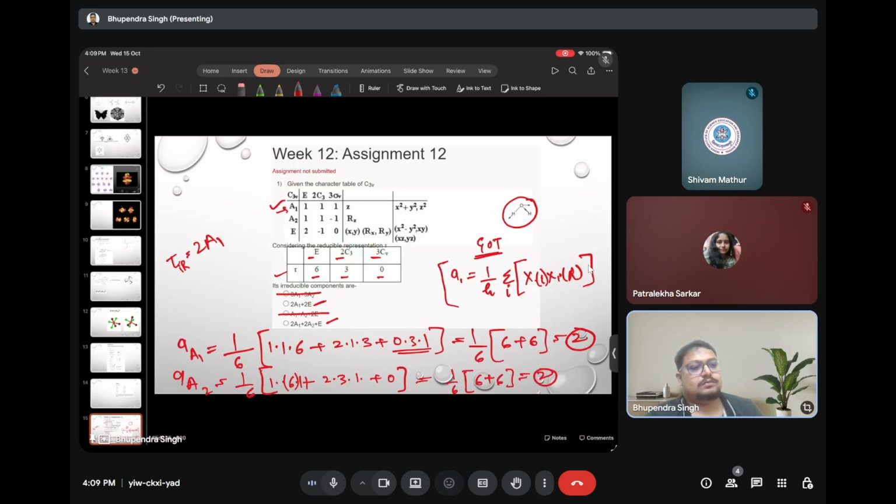So the answer is 2, right? So this also rules out option B. The only option remaining is option D, 2A1 plus 2A2.